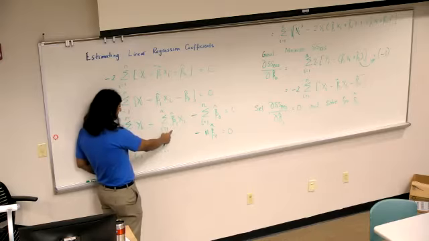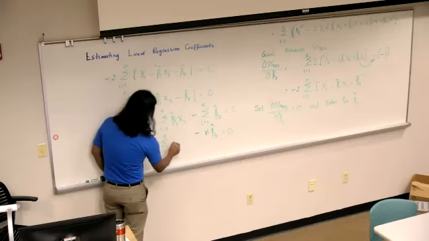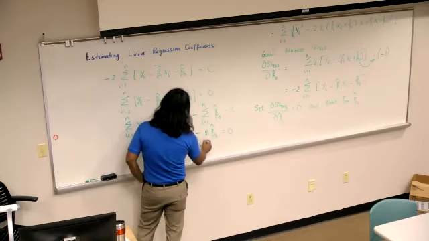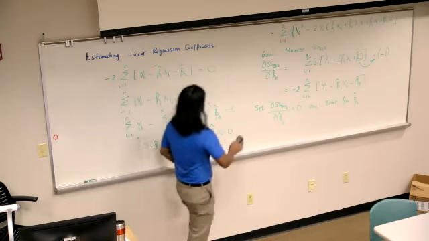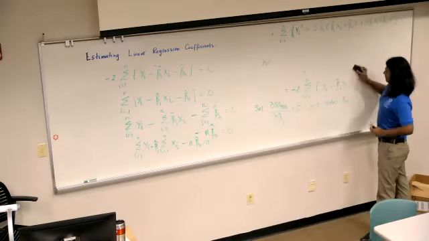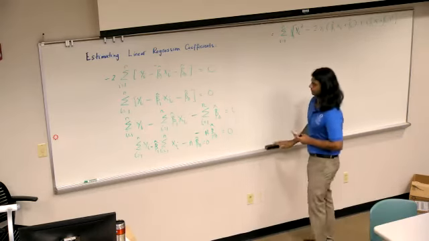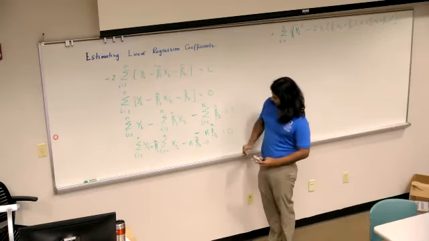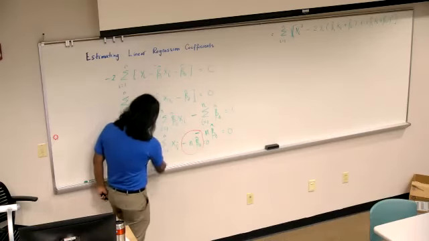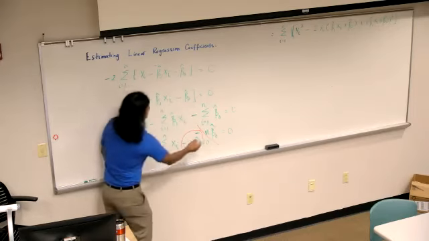Beta 1 hat is a constant, so I'm just going to take that outside of the sum and put xi. So that expression is set equal to 0.